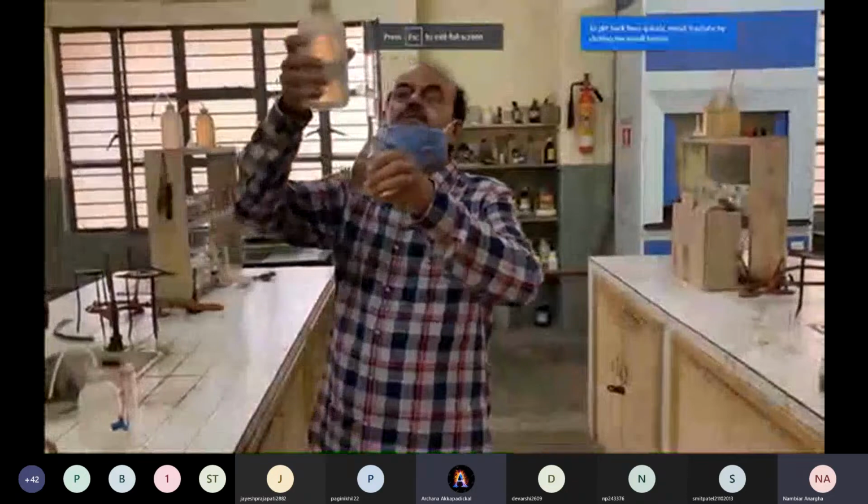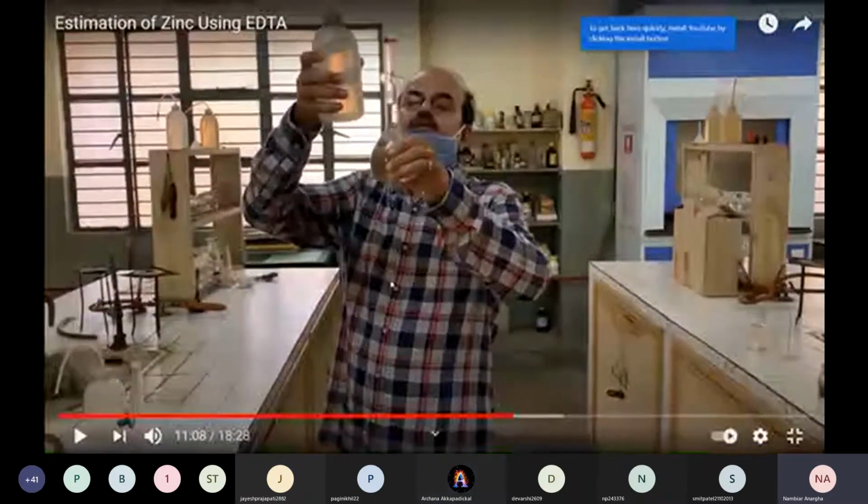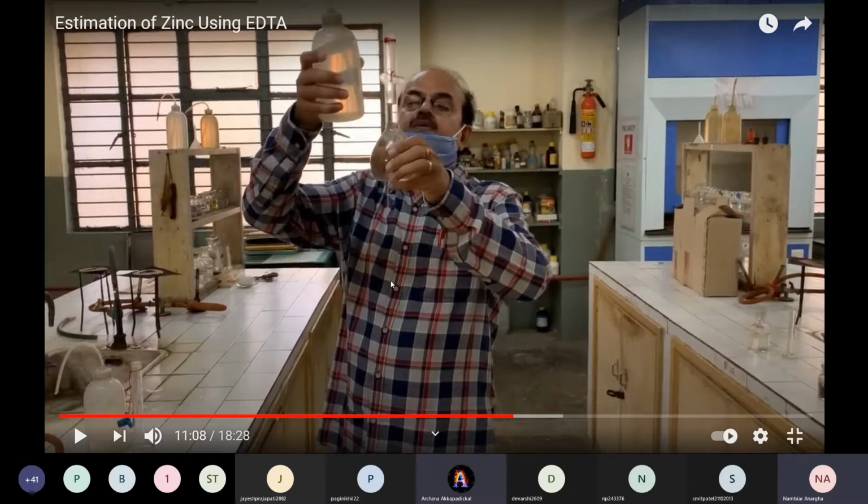Could you pause for a moment? Okay, students, I want to highlight something over here. What you see in this professor's left hand, we call it a volumetric flask, something that you see with a long neck and a kind of round bottom.